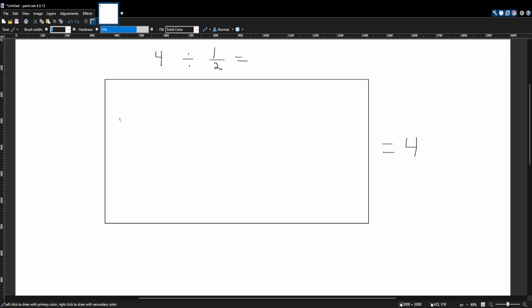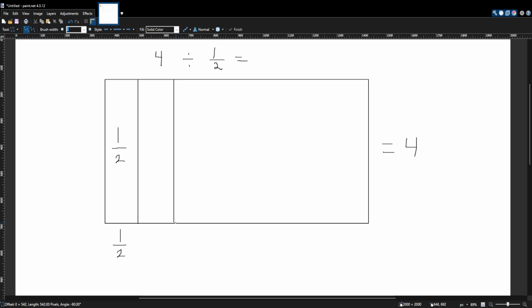If I put a 1/2 inside of this box that represents 4, it will be filled about this much, because I only have 1/2 inside of my box. If I put in a second half, 2 halves make 1 whole, so I put those 2 halves together, and I have 1. If I put in a third half, oops, that's a 1/3, I want a 1/2. Then I will instead have 1 and 1/2.